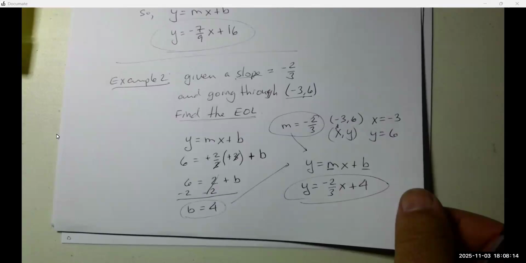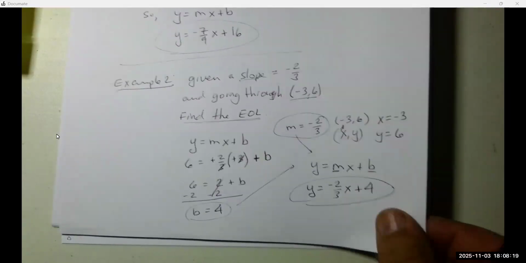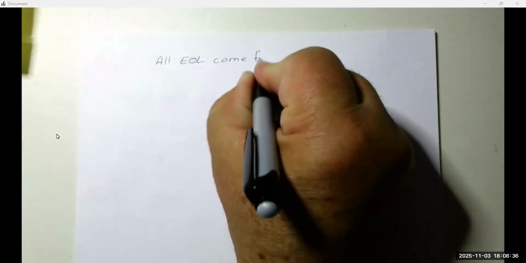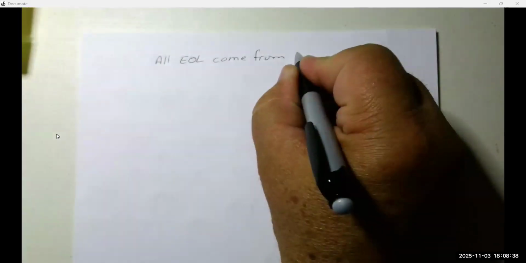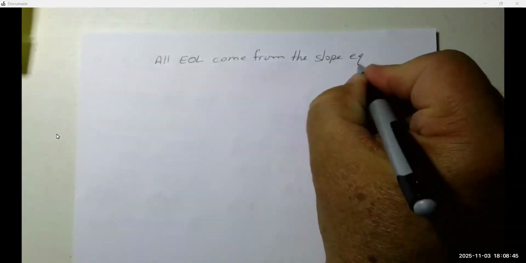But that's only one of the 3 types of equations of lines that we have. Let me show you where they come from. All equations of lines come from the slope equation.